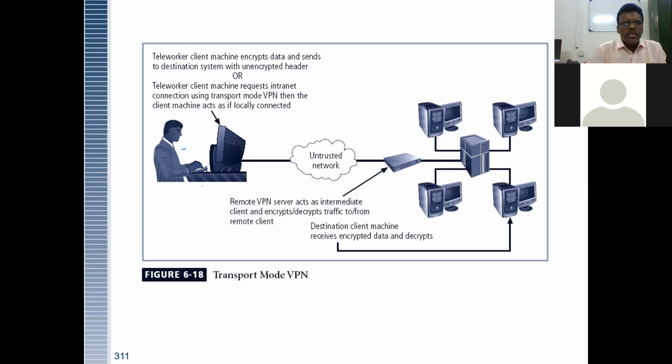Encryption usually happens in the presentation layer, but the encapsulation process goes through the transport layer. The destination client machine receives the encrypted data and decrypts it. These are the flow of information coming from the VPN, which goes in a secure form and is identified in such a way that it is usable throughout the network.